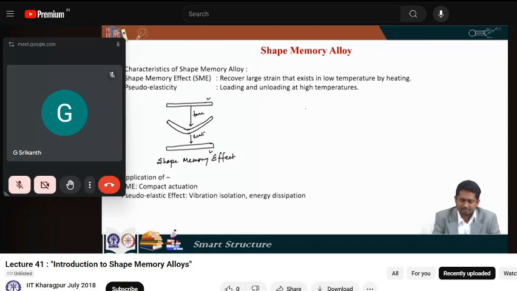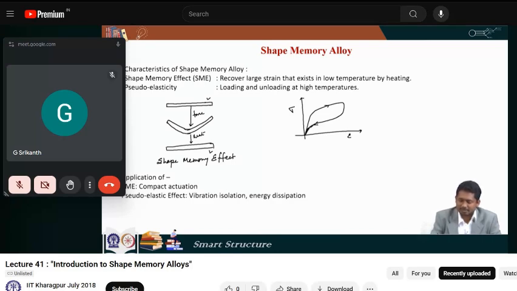Now there is another effect called pseudo elasticity, sometimes also called super elasticity. Under some temperature condition, under some stress range, the stress strain behavior of this material looks like this. The loading path is this, while unloading it comes back through this path and it comes back to where it started.